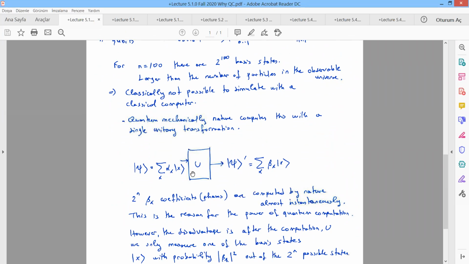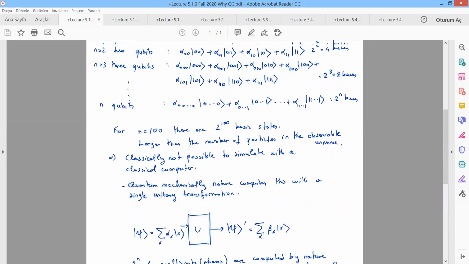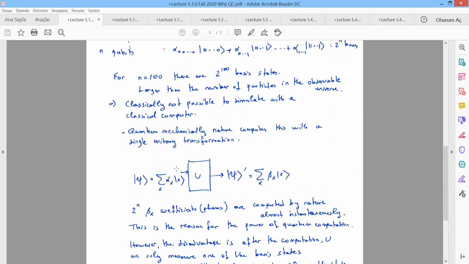Let's consider this diagram. This is a generic quantum algorithm or quantum circuit. In the input, we have ket psi that we can represent as a linear superposition of all the ket x, all these basis states that we discussed, 2 to the n of them, with alpha sub x complex coefficients. A quantum circuit or a quantum computation is simply a unitary transformation of this quantum state.